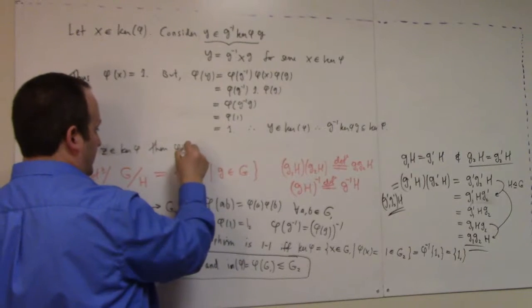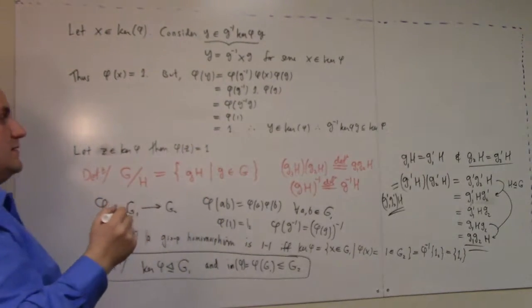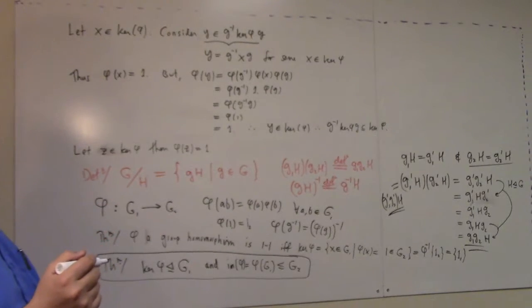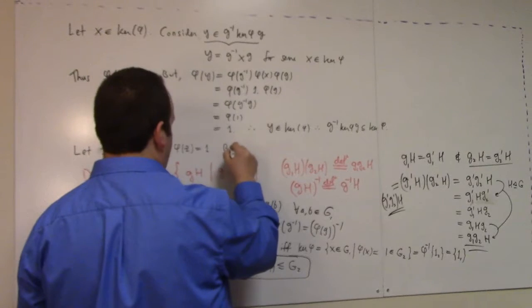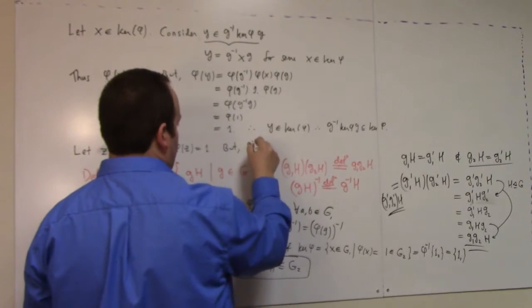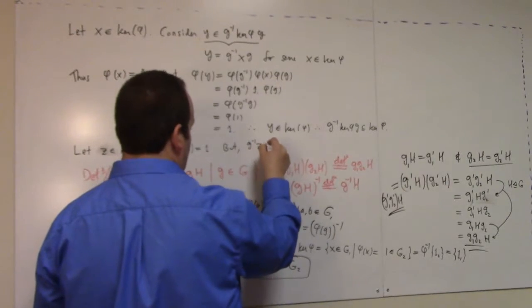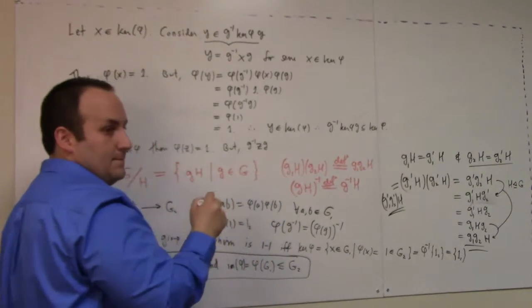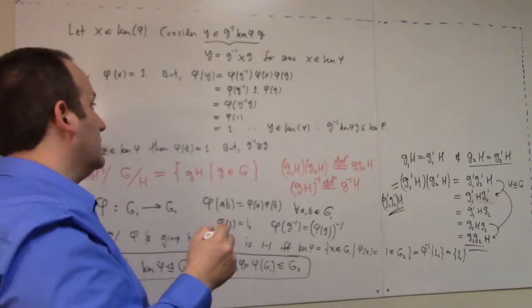Phi of z of course is 1, right? By definition of kernel. And I'm trying to show that g inverse z g is in the kernel. And you can split up the phi operation like that, where you have the phi of g inverse.